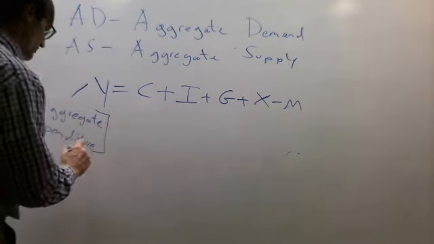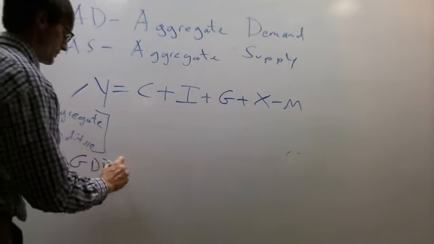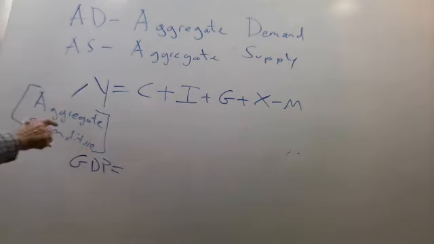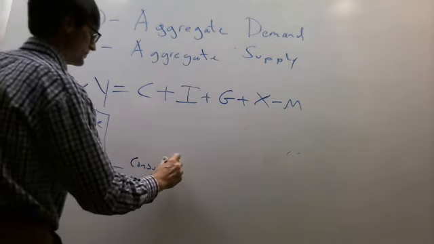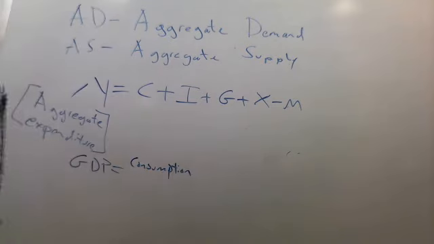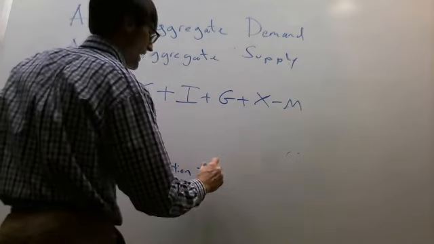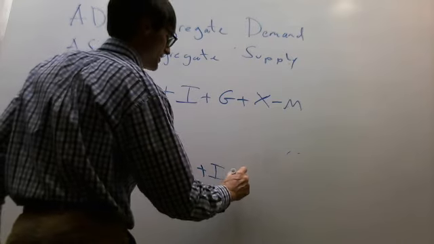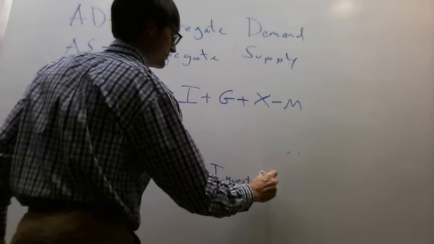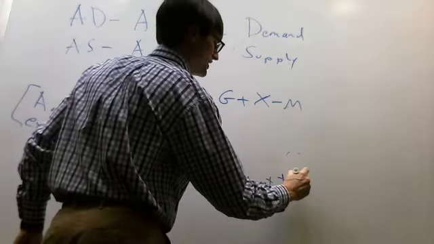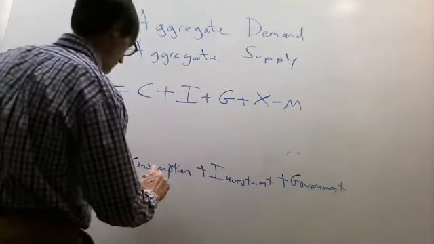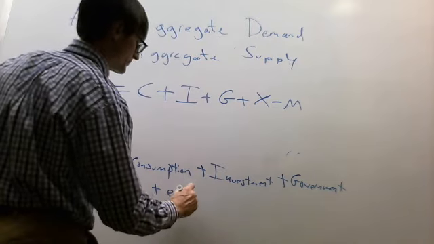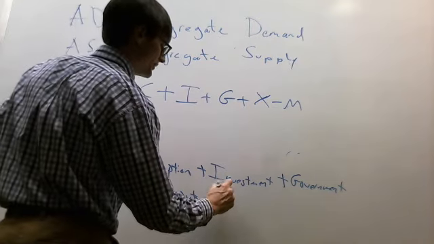So this tells you that gross domestic product on the demand side is equal to C, which is consumption, plus I, which is investment, plus G, which is government purchases of goods and services, plus exports, minus imports.